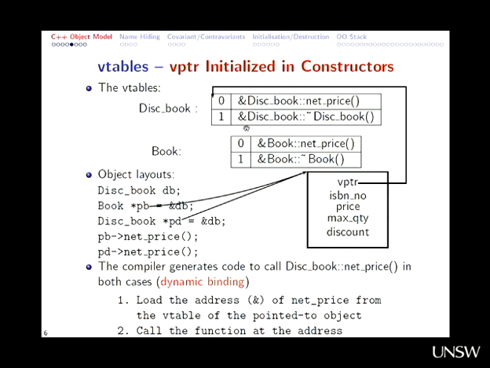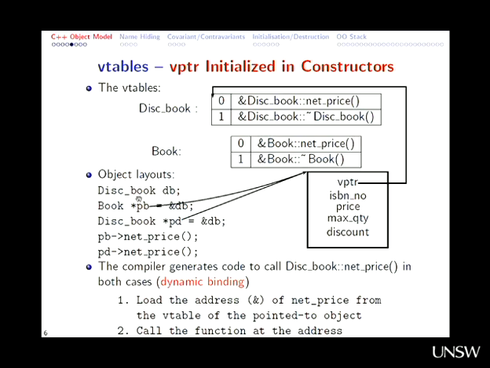If we create a discounted book, we get a discounted book with this memory layout: the virtual pointer, which is pointing to the discounted book's vtable, the ISBN number and the price, which are inherited from book, and the max quantity and the discount, which are part of the discounted book sub-object.